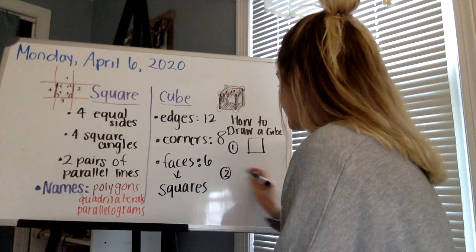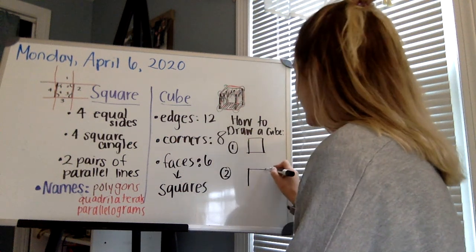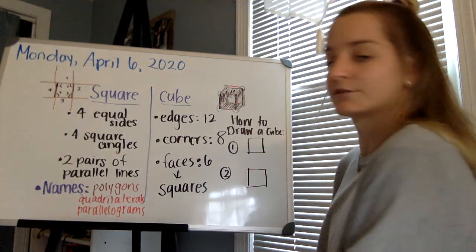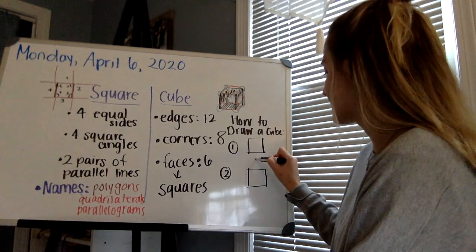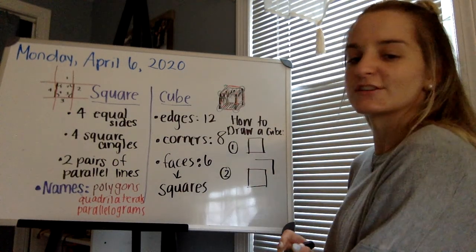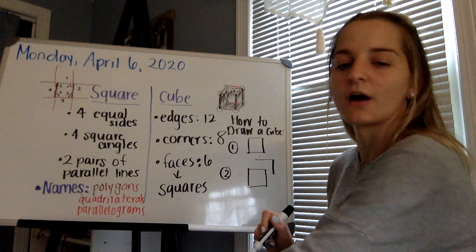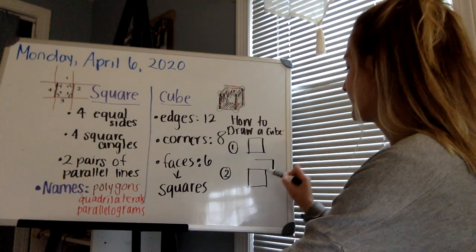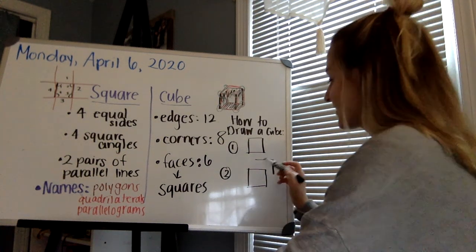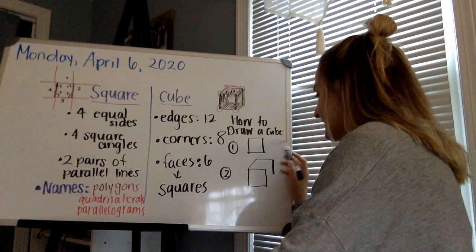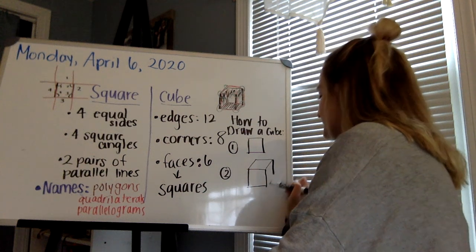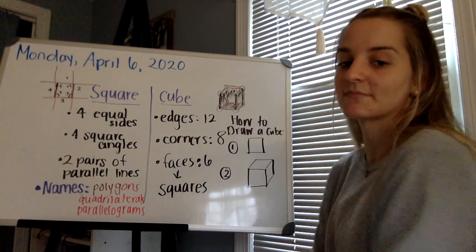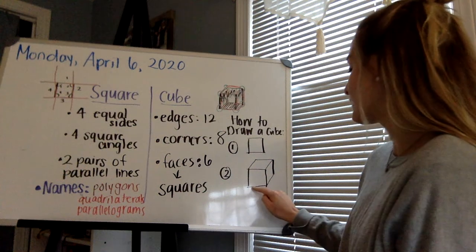Then your second step is to, let me just draw what we already had. So I had a square. Your second step is to draw this like upside down L a little bit behind it, okay? Then you connect the corners together. And that is how you draw a cube.